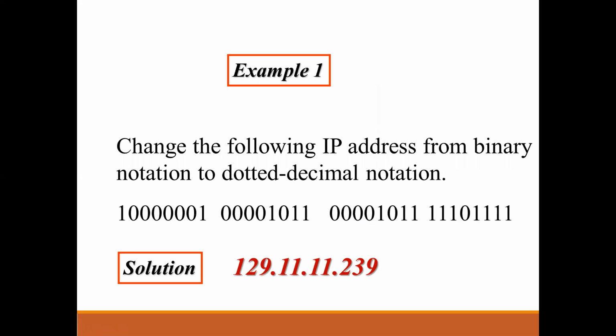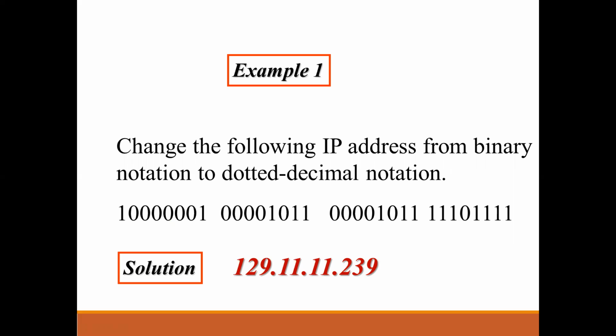Then we will see some examples. The first example is given here in front of you, and they have asked to change the following IP address from binary notation to dotted decimal notation. So it is a very simple method, but you should know how to change it into the dotted decimal notation.